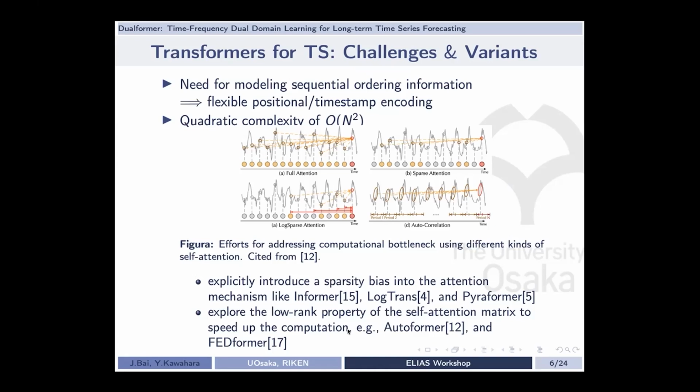There are many works proposed to address this complexity issue. They basically use some sparse attention, like LogSparse attention, something like that. Other works try to change the tokenization of the self-attention mechanism from the original point-wise tokenization to sub-series-wise, patch-wise, or even variable-wise to reduce the computational cost.